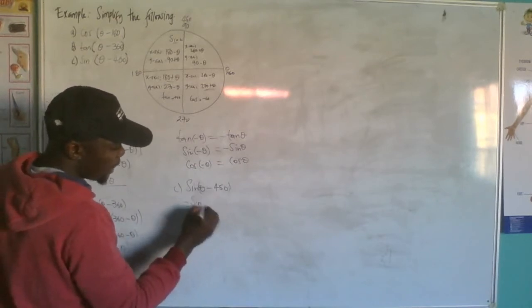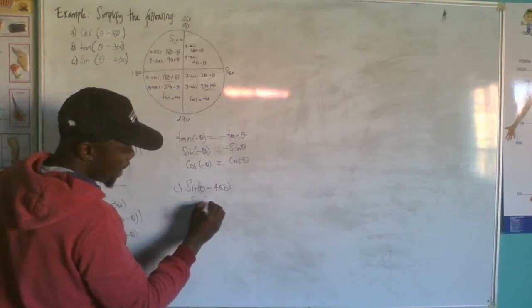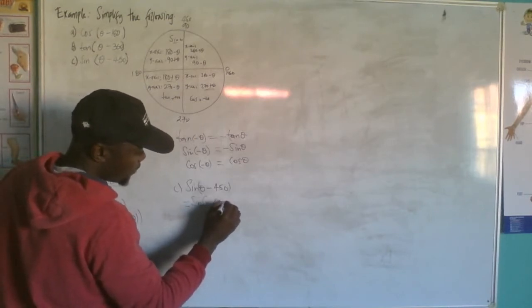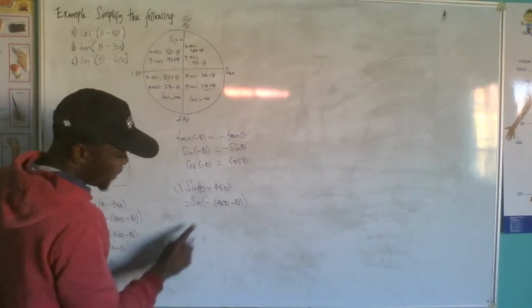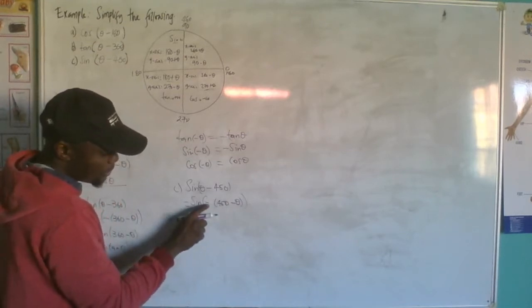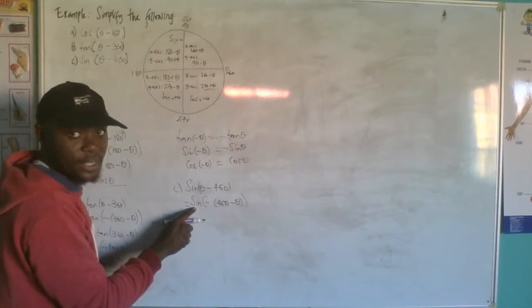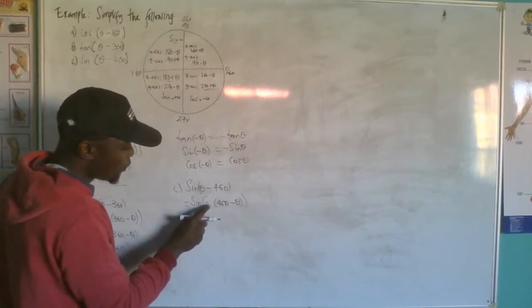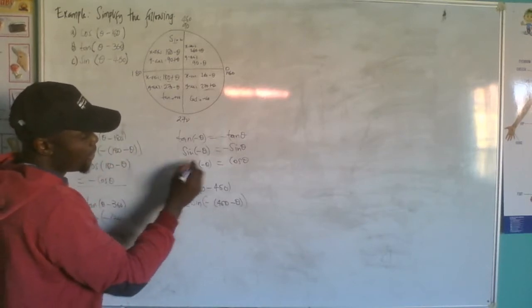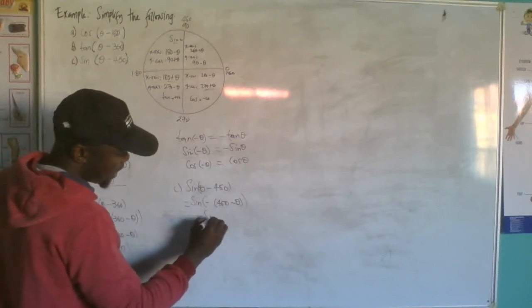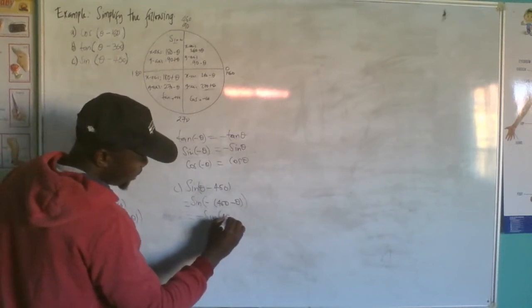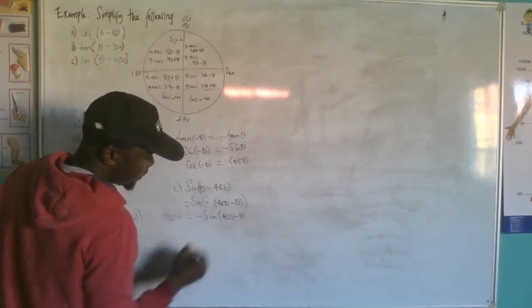I need to make it positive, so it becomes minus, open brackets, 450 minus theta first. Then the negative. How does sine affect the negative? Sine will move the negative to the front. So sine of negative 450 minus theta becomes minus sine 450 minus theta.